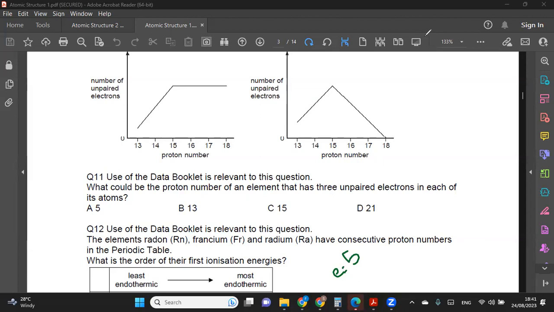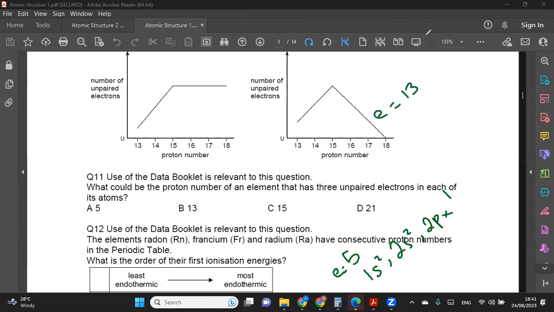Khadija, what will be the electronic configuration? 1s2, 2s2, and 2p1. Right, 2s2, 2px1, fine. Okay, in option B, it's 13. So when the proton number is 13, the electrons will be 13.